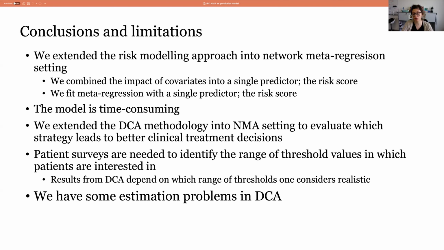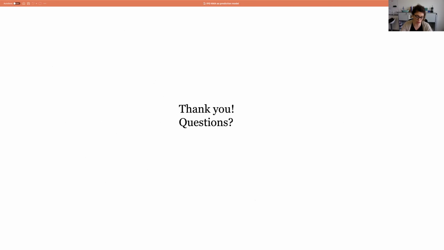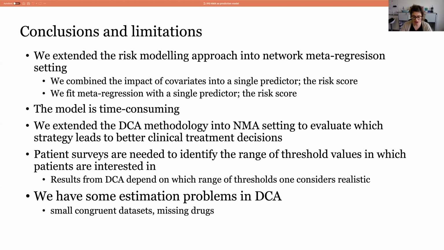There are some estimation problems with decision curve analysis, particularly when we don't have a lot of data, as in our case, we had only 3 RCTs and up to 3,000 patients. Some of the congruent data sets were really small and didn't have all the 3 drugs there, and then we had to do some single arm synthesis instead of proper meta-analysis to estimate the expected number of events under a strategy.